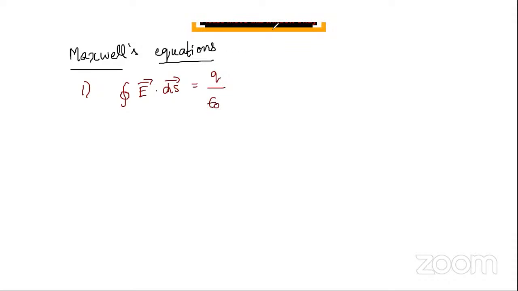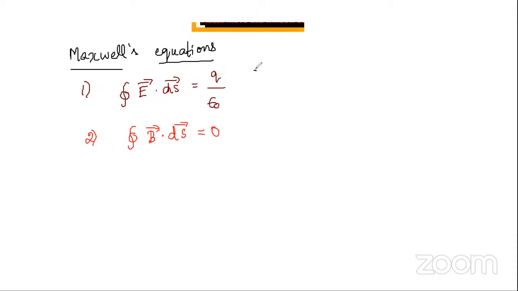Obviously, this is Gauss law in electrostatics. And number 2, this is Gauss law in magnetism: integral B dot ds is equal to 0.